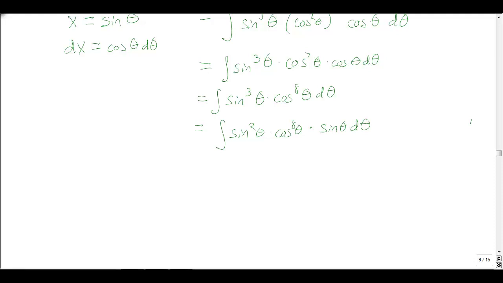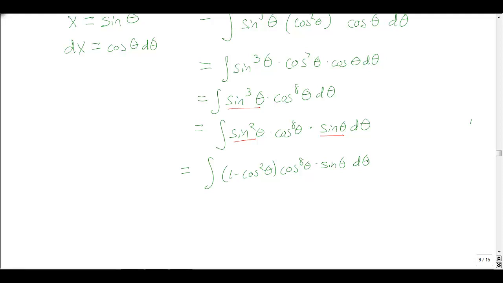So again, the idea here is that this sine squared theta and that sine theta combine to be the sine cubed theta, but I'm going to do a substitution where u equals cos theta here, and that gives me this essentially as my du. Okay, before I do that, though, I need to convert this sine squared theta into cosines. And so that's (1 minus cos squared theta) times cosine to the 8th theta times sine theta d theta.